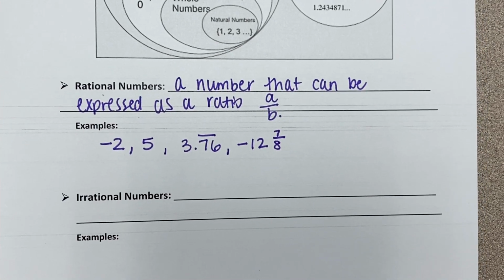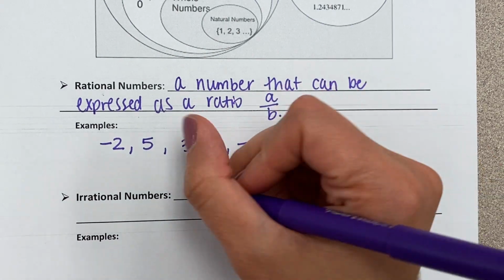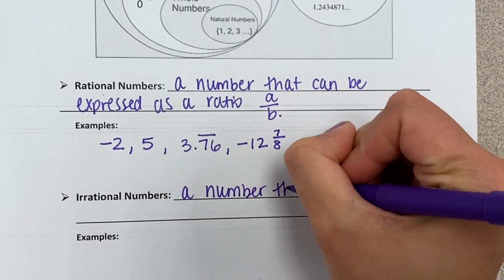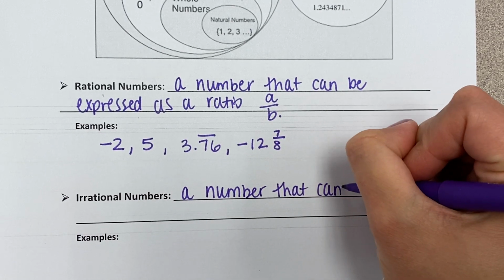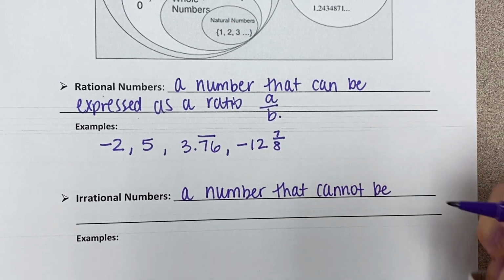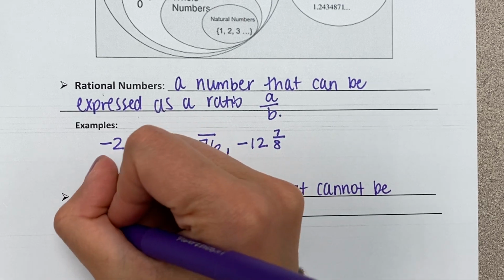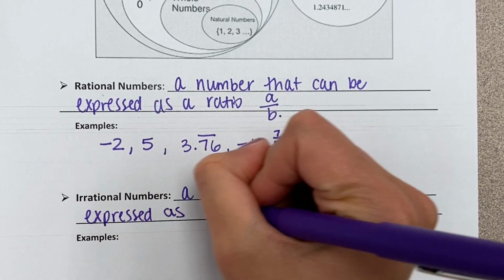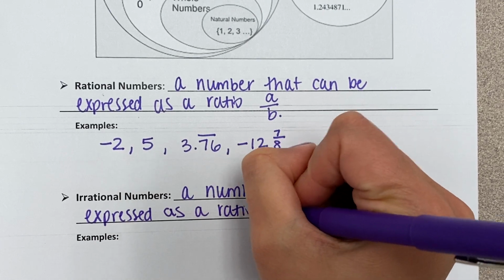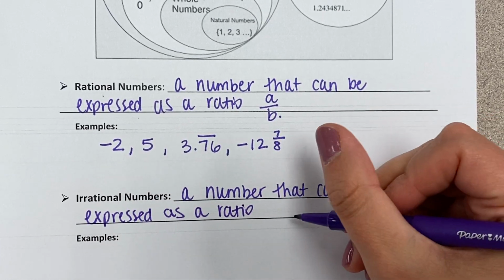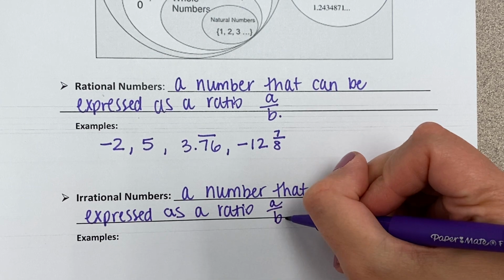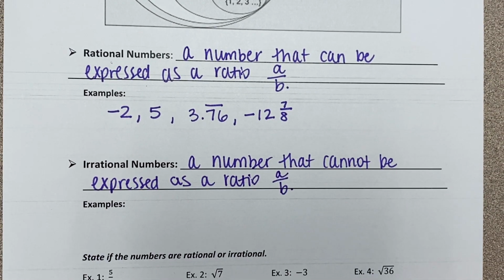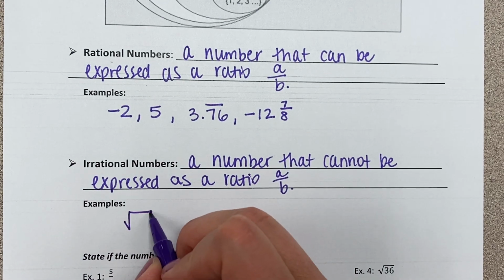All right, irrational is a number that cannot be expressed as a ratio in the form of A over B. Okay? So, for example, let's say you have the square root of 2.